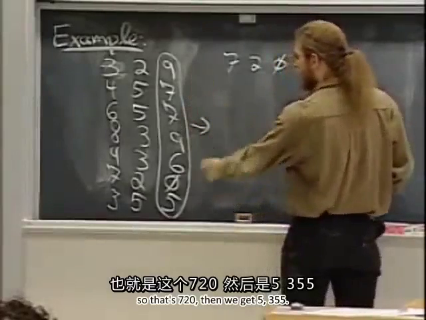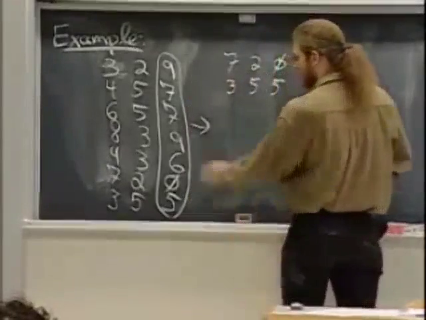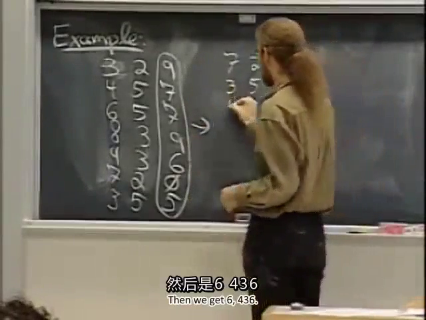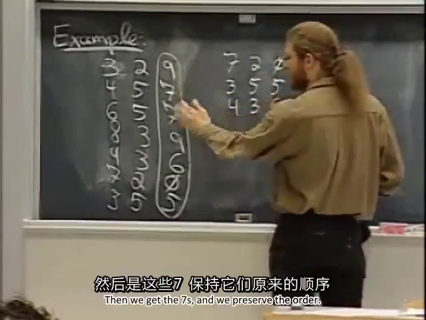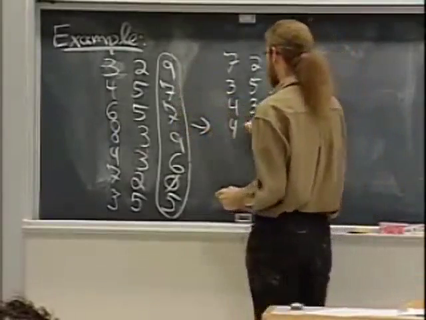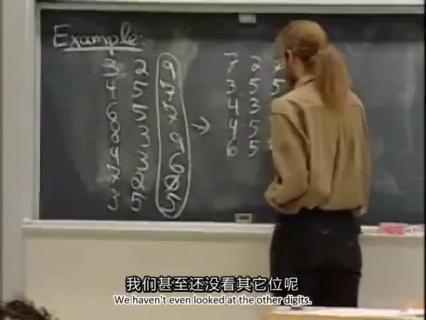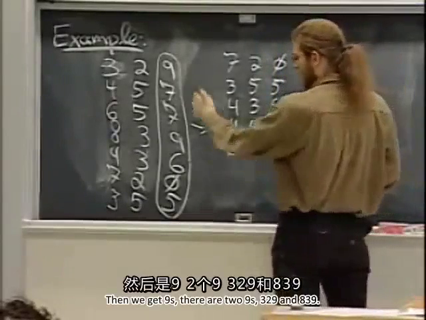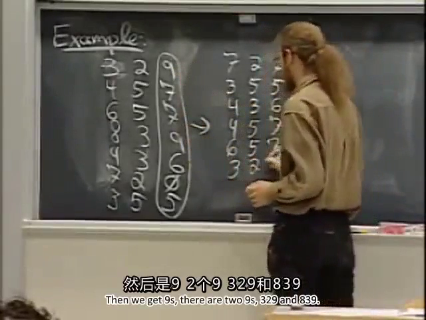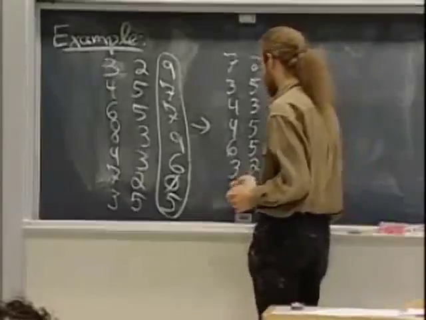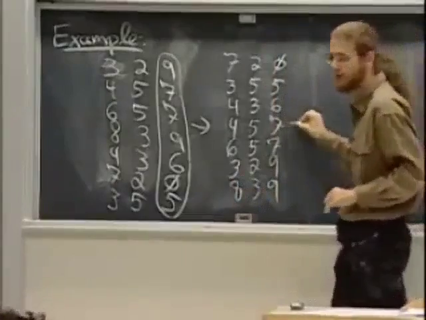Then we get 355. Then we get 436. Stop me if I make a mistake. Then we get the 7s, and we preserve the order. Here it happens to be the right order, but may not be at this point. We haven't even looked at the other digits. Then we get the 9s. So there's two 9s, 329 and 839. All right, so far? Good.